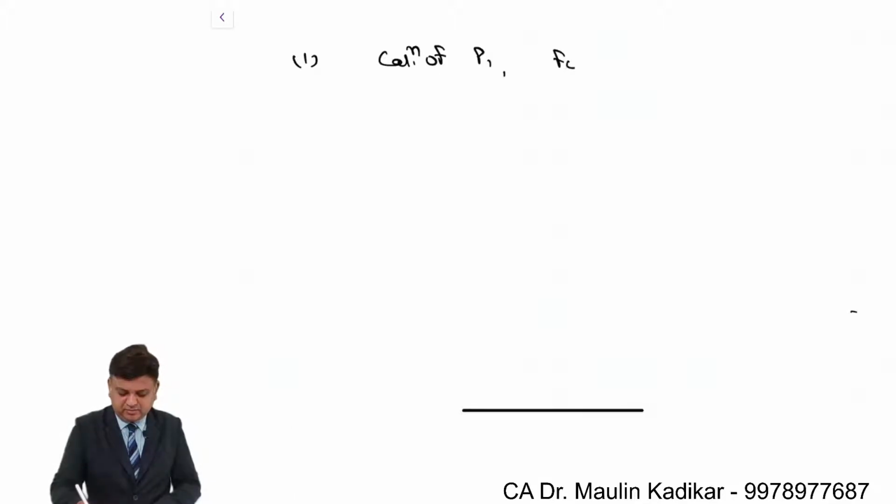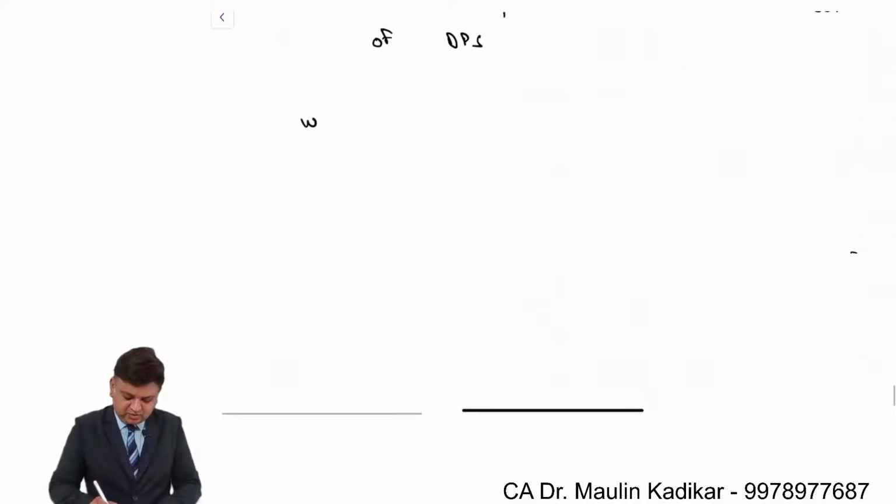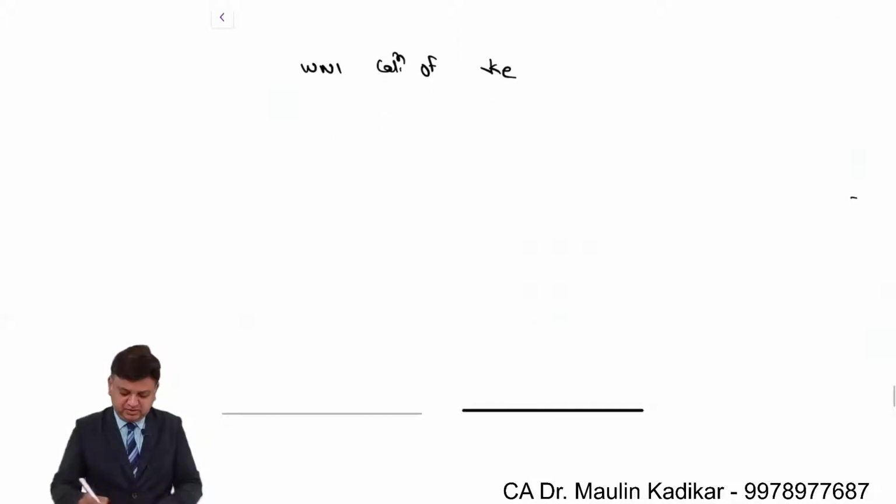So please write down the heading: calculation of P1, answer of the first question, for different amounts of dividend per share. Let us see how to calculate. Working note number 1, calculation of K. K stands for cost of equity.